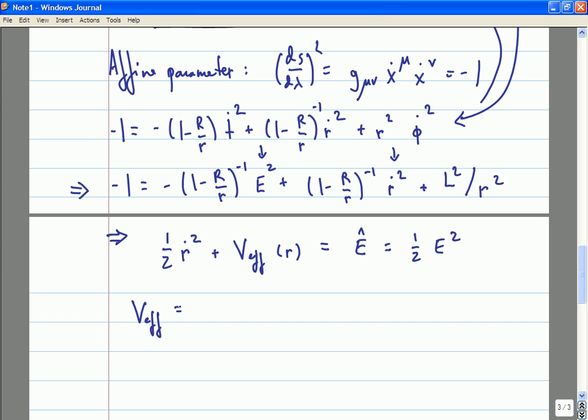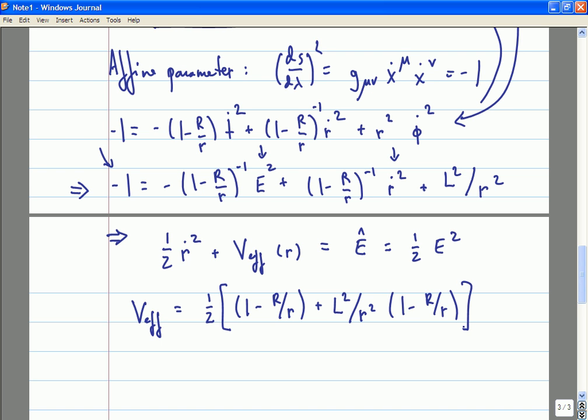So what is that? Well, we multiply through by 1 minus R over r, and we also need to multiply by 1/2 to make this equation look nice. So what is V effective? Well, we get 1/2 times (1 minus R over r) plus L squared over r squared times (1 minus R over r).